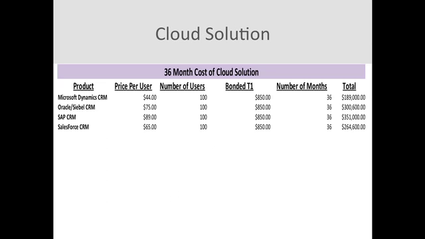The first thing we're going to look at is our cloud solution. As you can see here, again, this is based on 100 users for 36 months. We priced in a bonded T1 at $850 per month. When you look at the price range here, it ranges from, on the low end, $189,000 to, on the high end, SAP at $351,000.